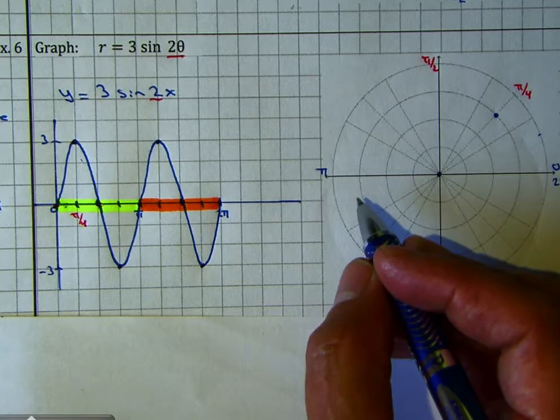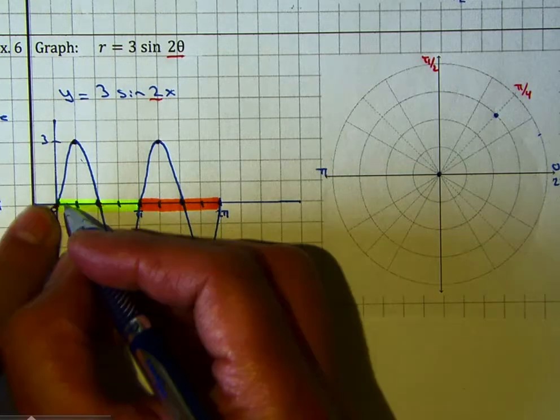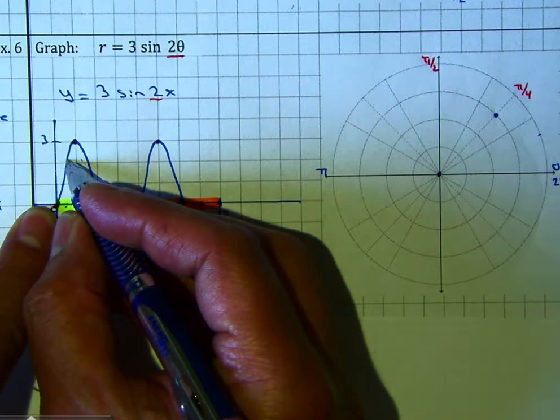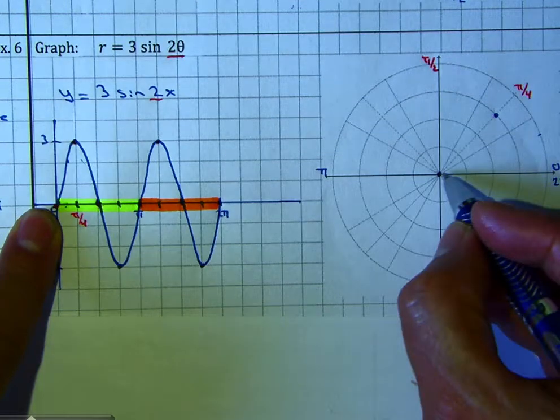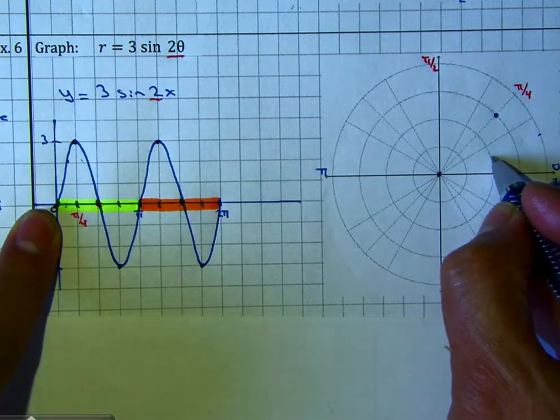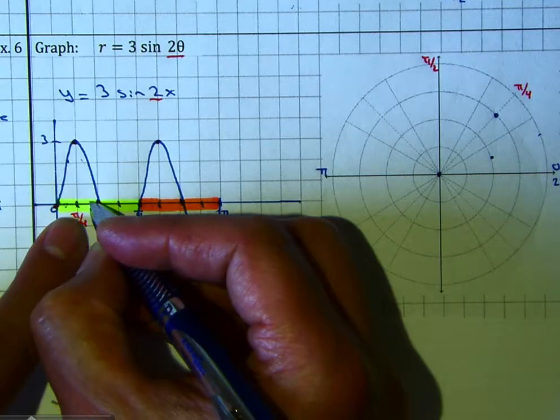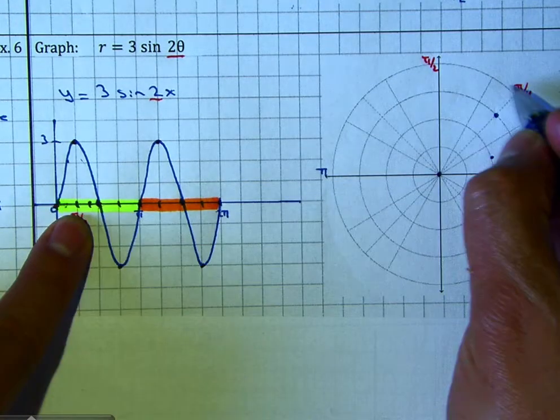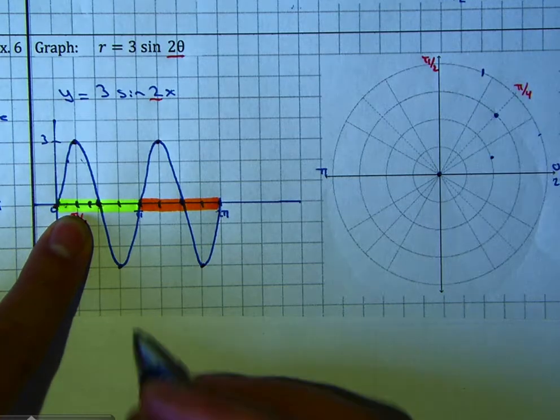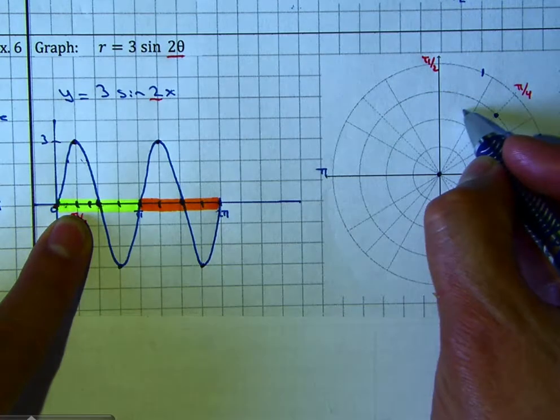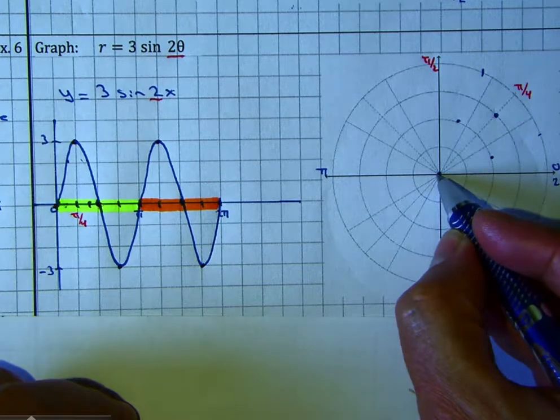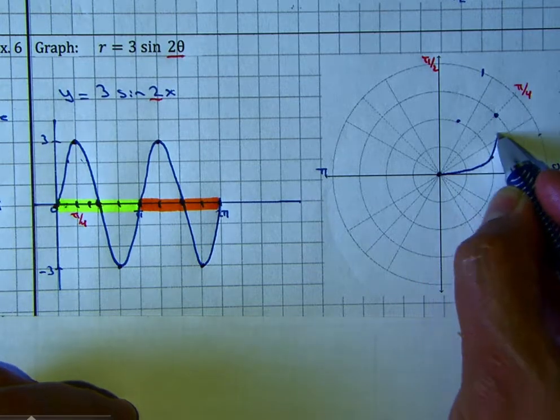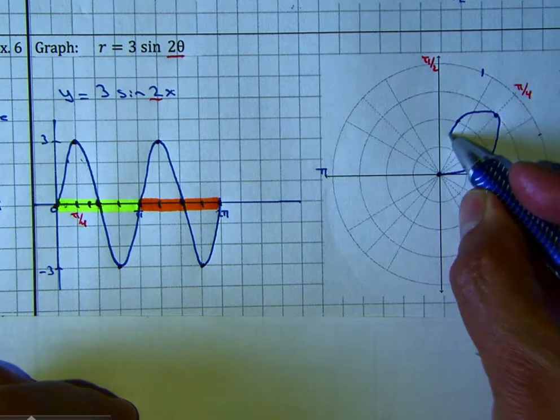So let's see. Here is about 2, well, 2.1 as before, right? So halfway mark is about 2. Then over here, halfway between pi over 4 and pi over 2, it's about 2 as well. So therefore, we are going to go up to pi over 4, and then we're going to come back, and that'll be a petal.